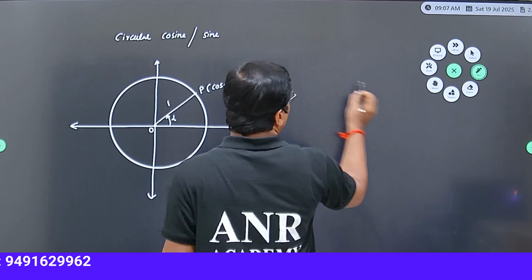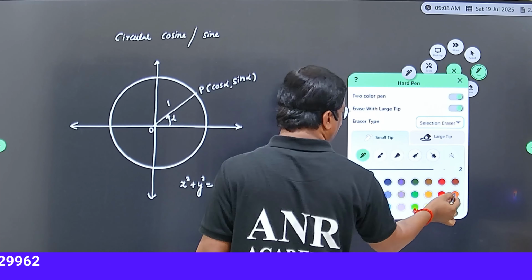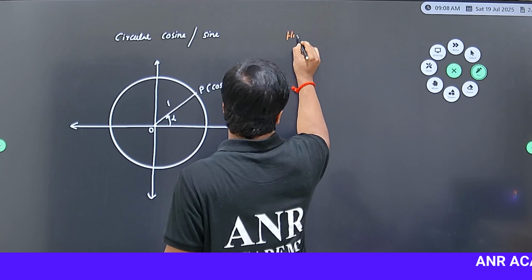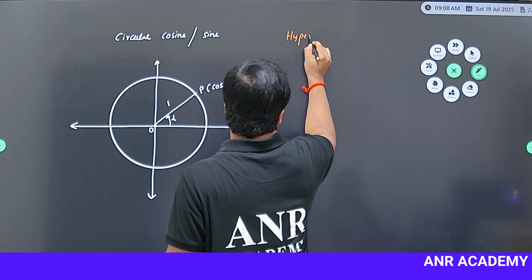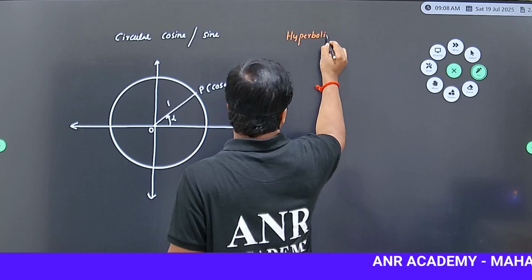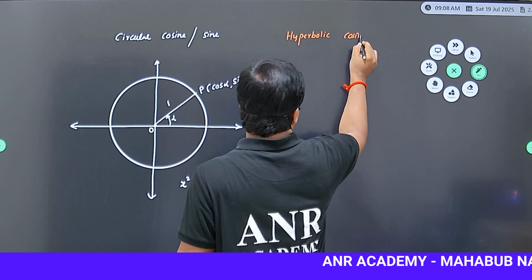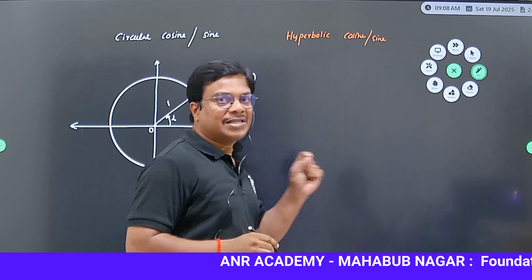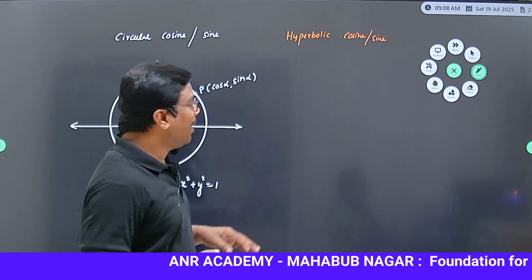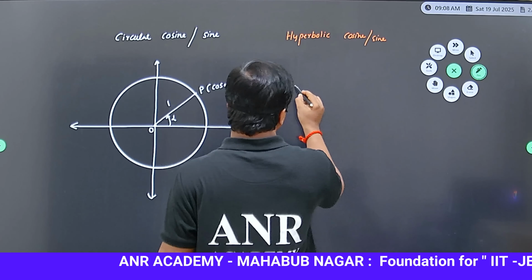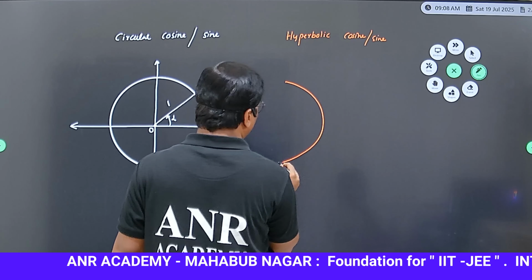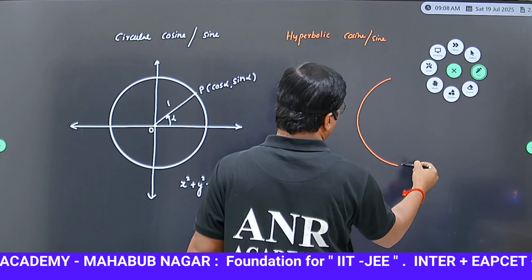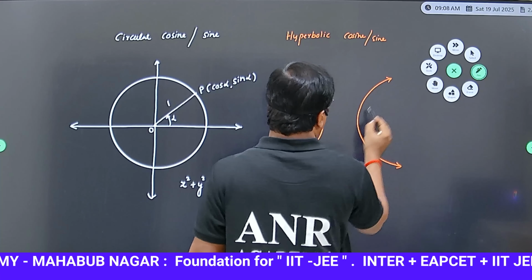Now let us discuss hyperbolic cosine and sine. Hyperbolic cosine and sine indicate the horizontal and vertical components on a hyperbola. This is the hyperbola.